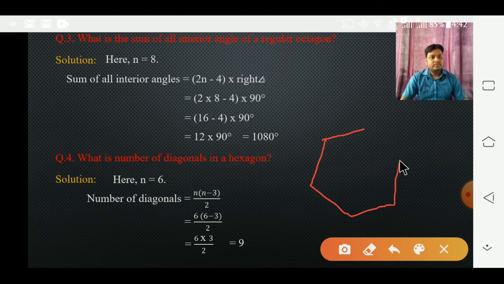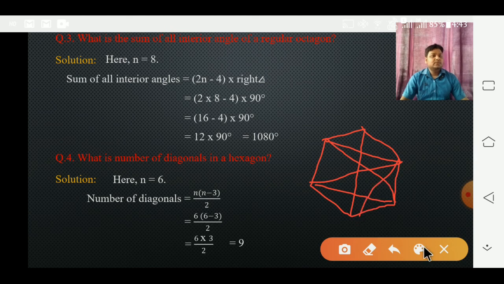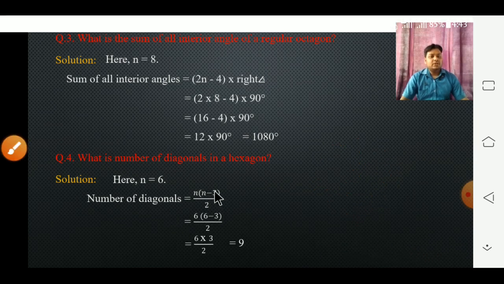Now, let's draw the diagonals between two corners: 1, 2, 3, then 4, then 5, and one we can also draw like this, 6. So the number of diagonals in a hexagon is 9, 7, 8, 9. Like this we can also draw.